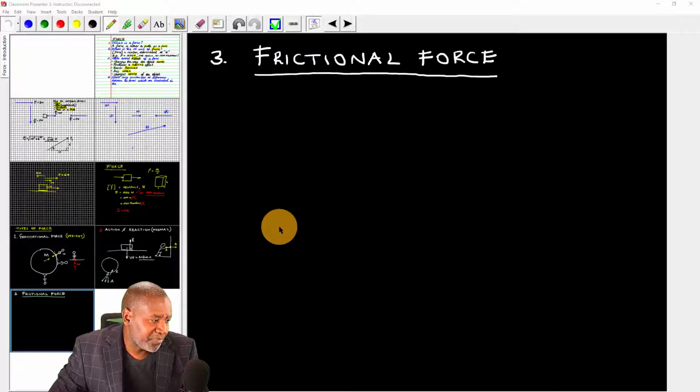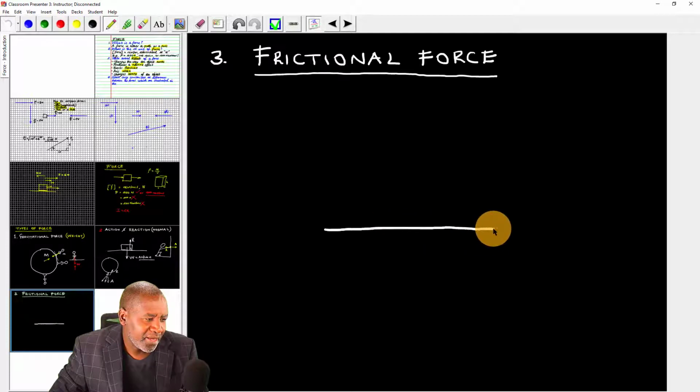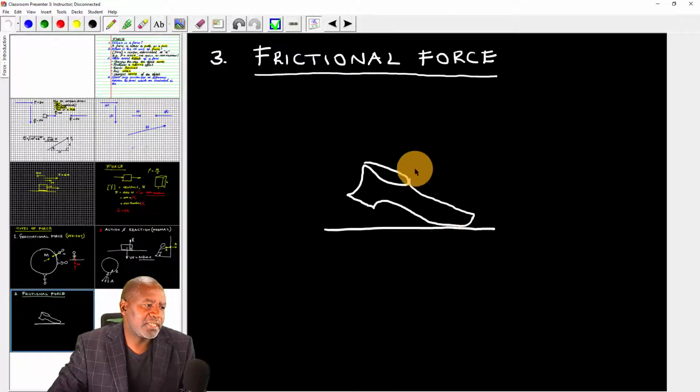So here, I'm going to attempt to draw the foot. This is the floor. It may not be a very accurate diagram, but just bear with me. This is the shoe.